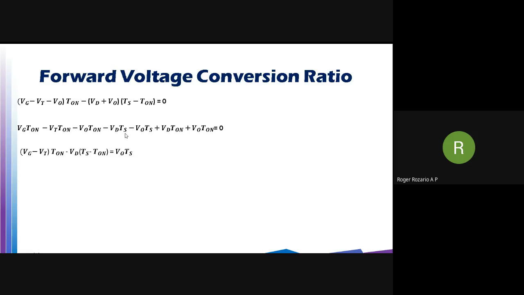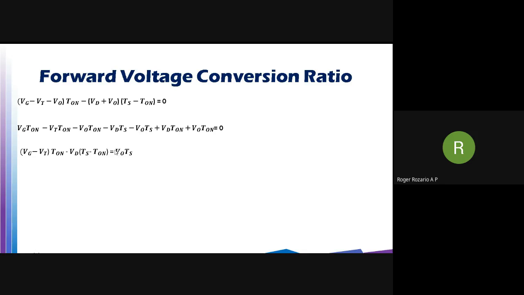So once we evaluate this, I will take Vg Ton as common. So it is Vg minus Vt into Ton. The V0 Ton plus V0 Ton and the minus V0 Ton both will get cancelled. The remaining quantities are Vd into Ts and Vd into Ton. So I will take this Vd as common, and it will become Ts minus Ton.